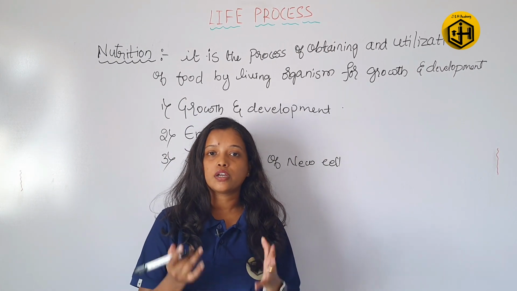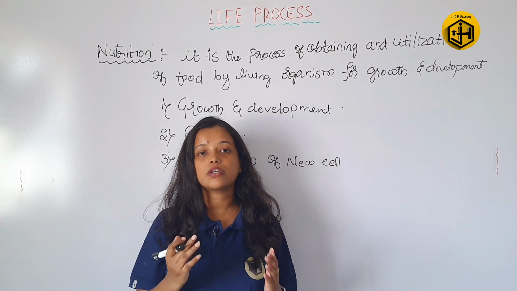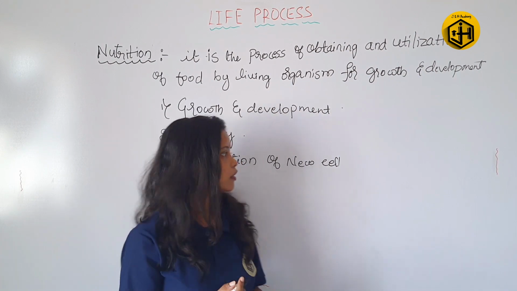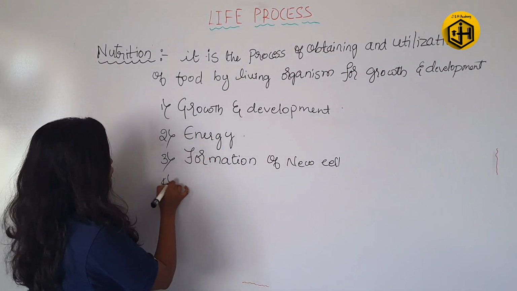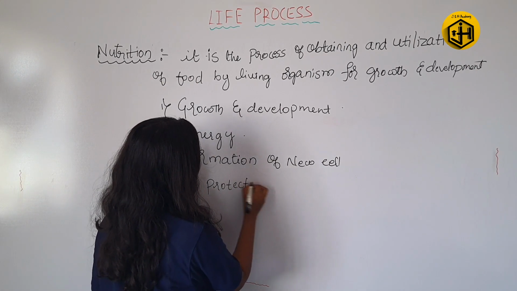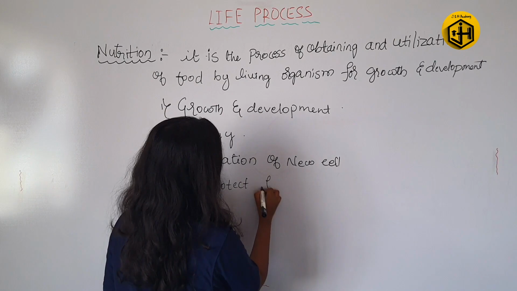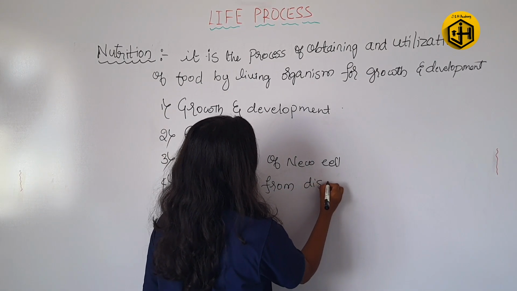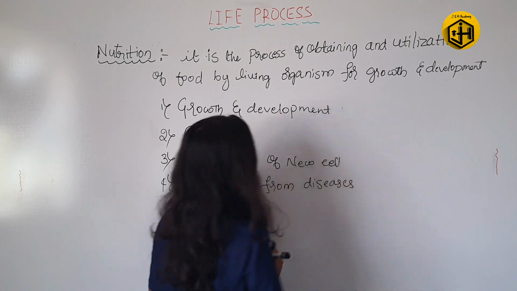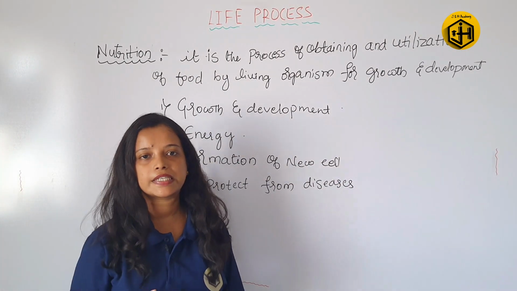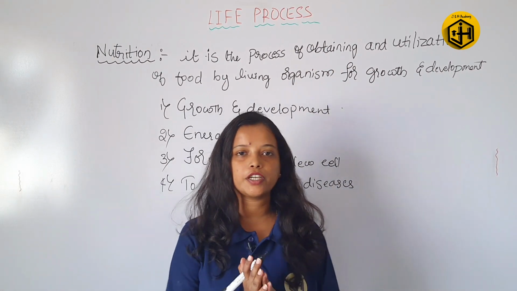If you are taking good nutrition, then your body will be healthy. So the fourth point, to protect from diseases. For these four reasons, nutrition is required by the living organism.